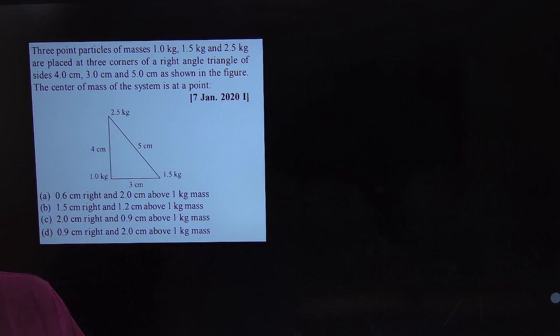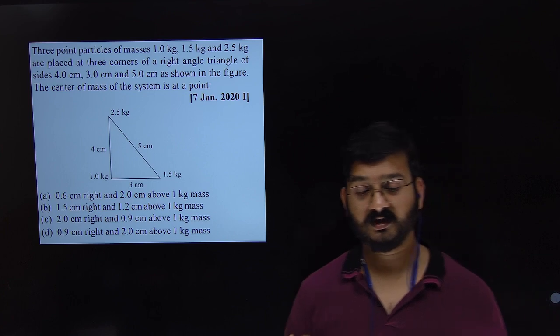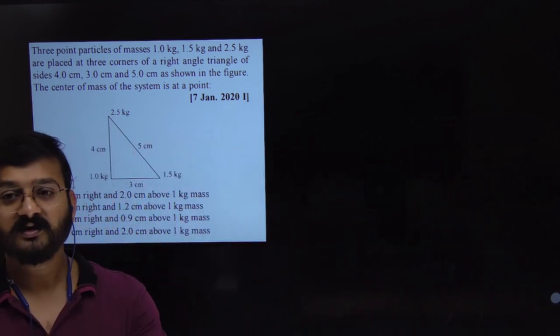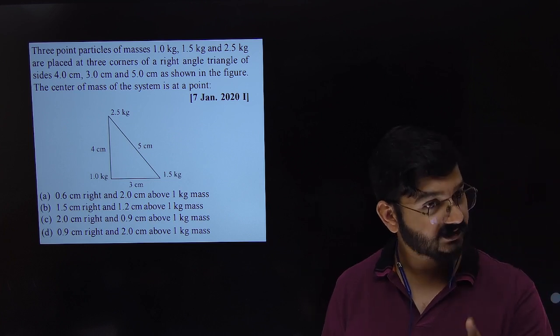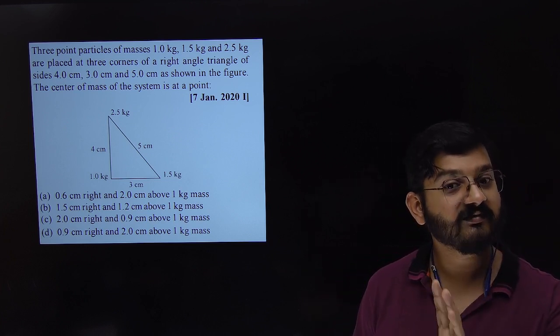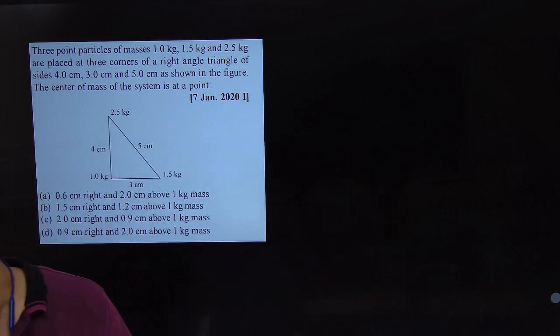All of you solve this. So how many particles are there? Three. So m1x1 plus m2x2 plus m3x3. For y, you don't have to do the calculation. I will tell you a simple observation from which you can save time. For x, you have to do the calculation.